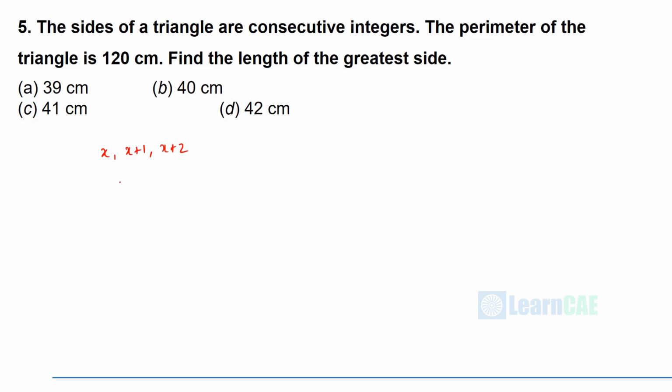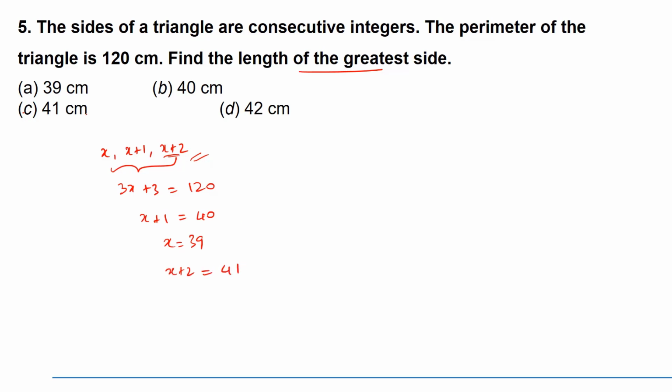This is 3x plus 3 is equal to 120 cm. We can divide by 3 in common. x plus 1 is equal to 40. So x is equal to 39. They are asking the length of the greatest side, which is x plus 2. That is equal to 41. So the answer is C, 41.